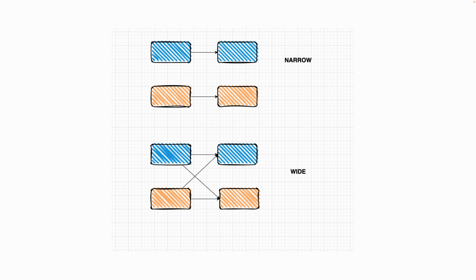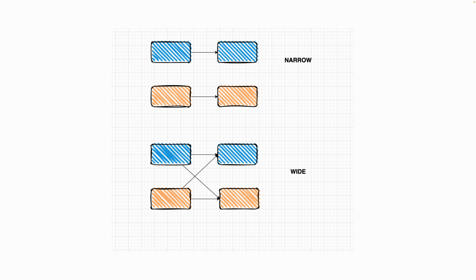But there are exceptions, like coalesce, which we'll also understand in a few more videos, that may cause the task to work with multiple input partitions, but the transformation will still be considered narrow because the input records used to compute any output record can still be found in only a limited subset of partitions.